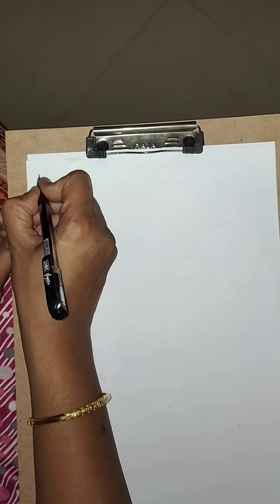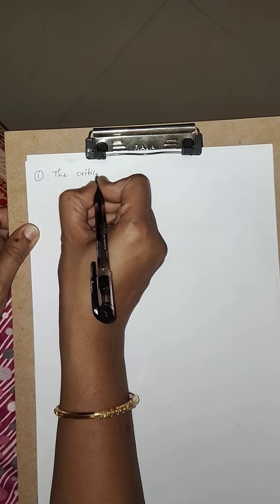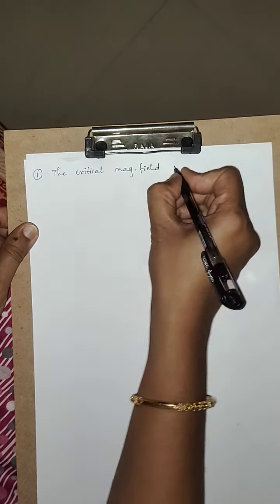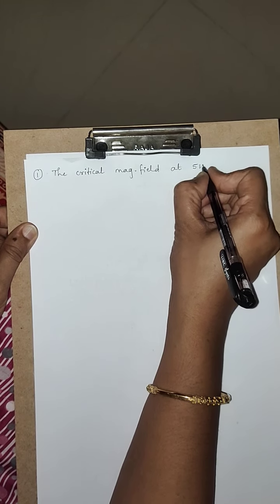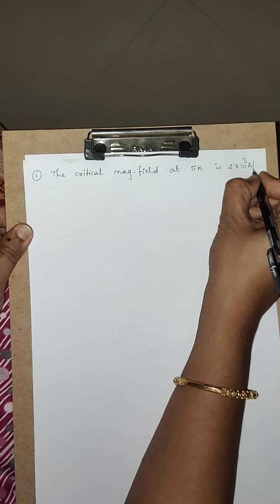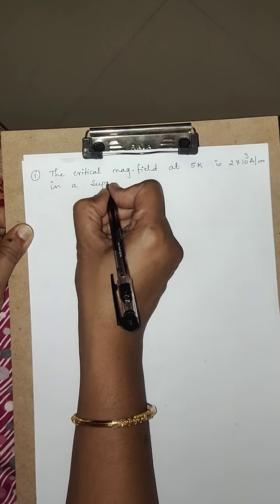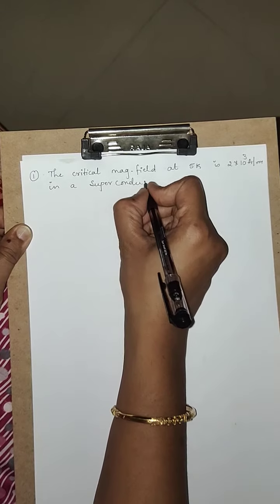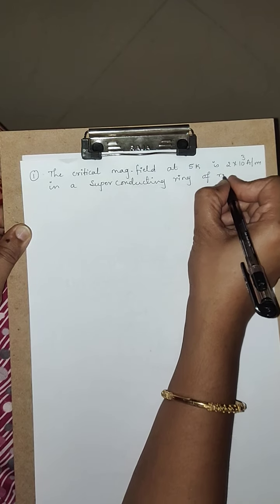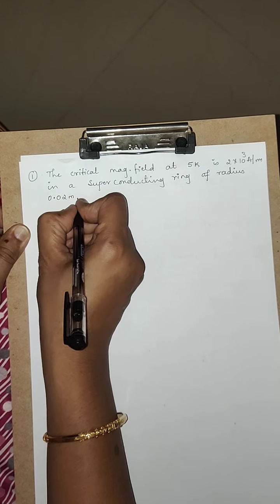Let's take down the first numerical. The critical magnetic field at 5 Kelvin is 2 into 10 raised to 3 ampere per meter in a superconducting ring of radius 0.02 meter.